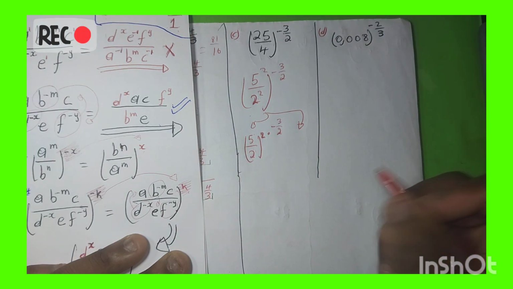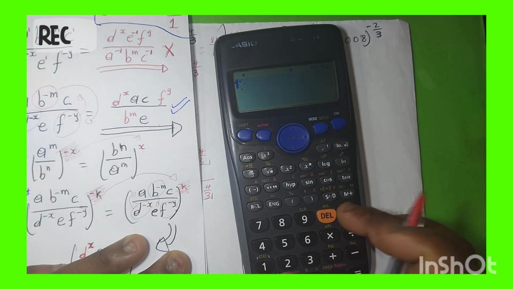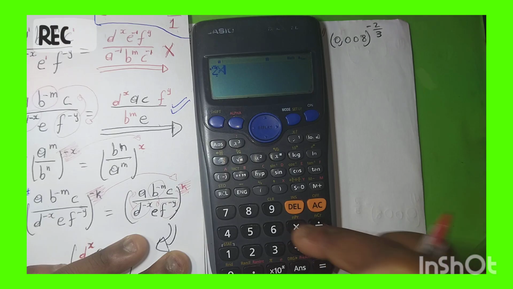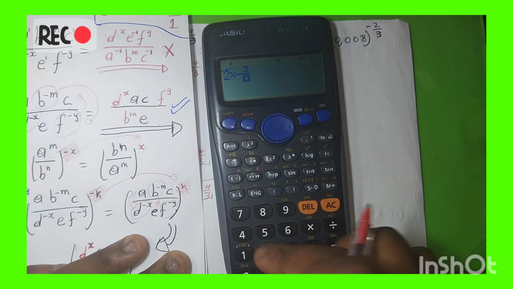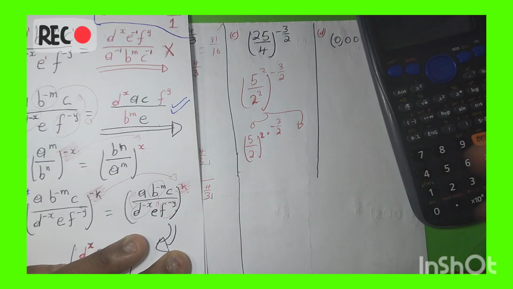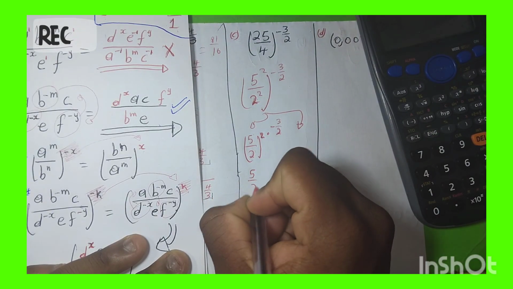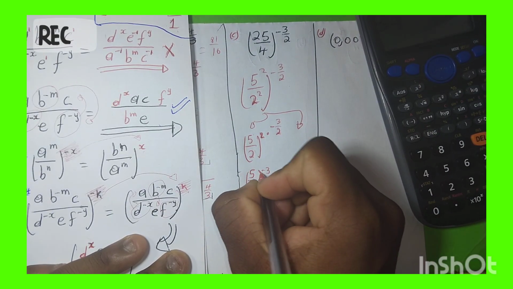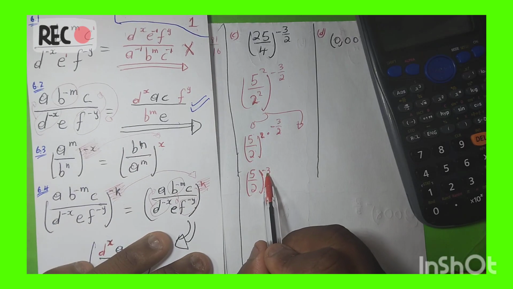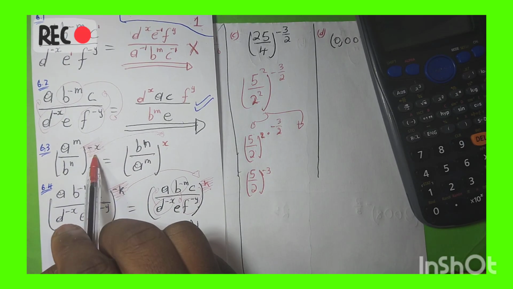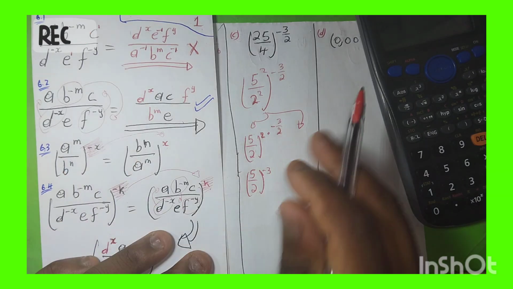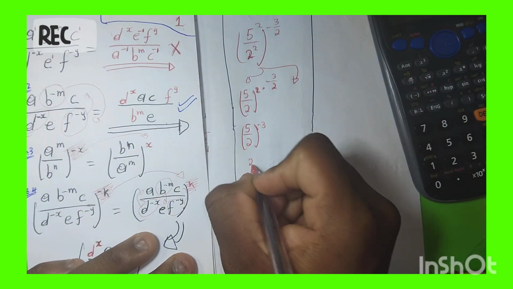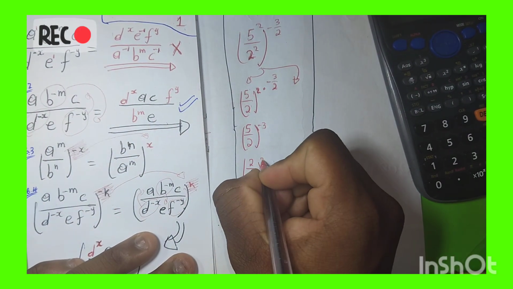Do you see? And now let me press that down on my calculator, which is 2 multiplied by -3/2. This is what I get: it's -3, meaning here it's 5, 2, and -3. But I told you, guys, if you have a negative exponent like this, you can change it to be positive, and the fraction will flip. So the fraction will just flip, and the exponent will be outside.